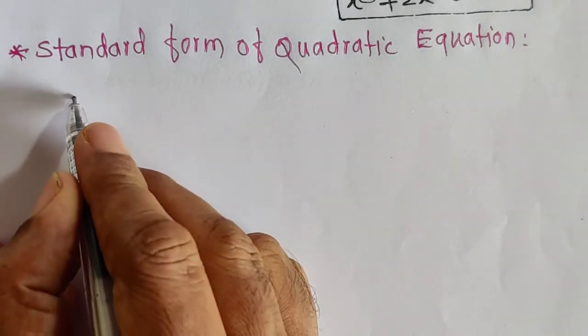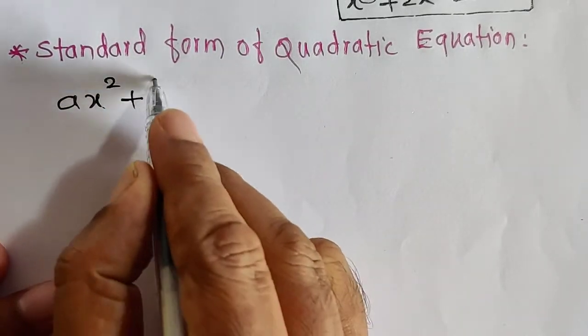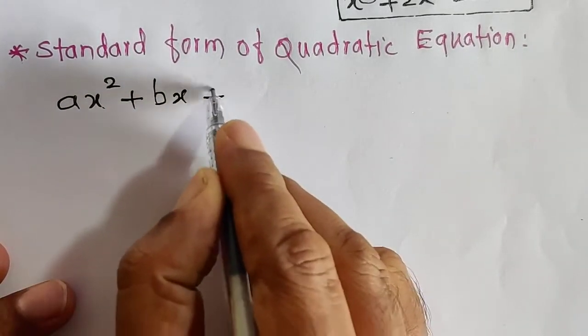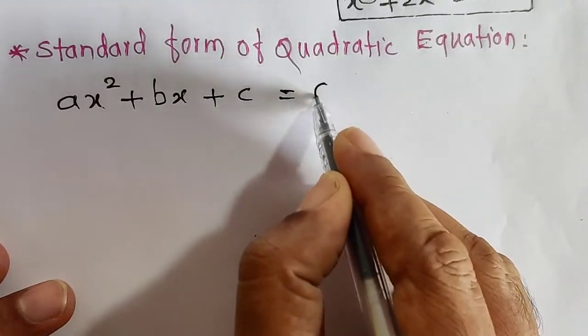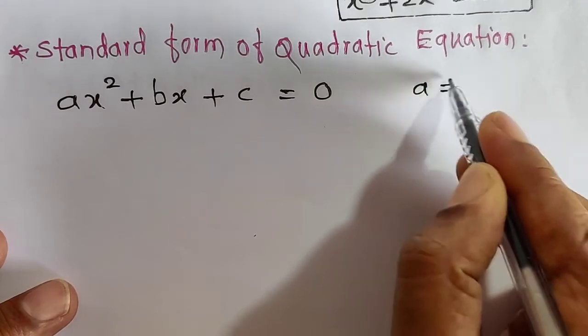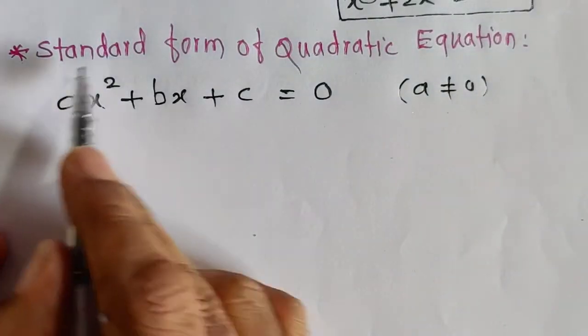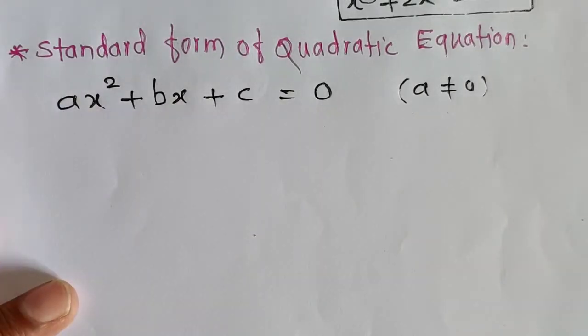The standard form of a quadratic equation is ax square plus bx plus c is equal to 0. And here one condition is there: a should not be 0. Why? Because if the square term becomes 0, then it becomes a linear equation, not a quadratic equation.